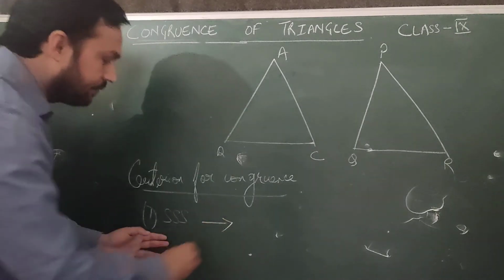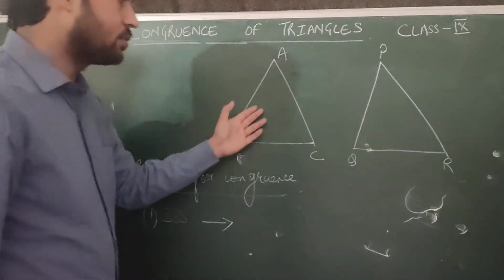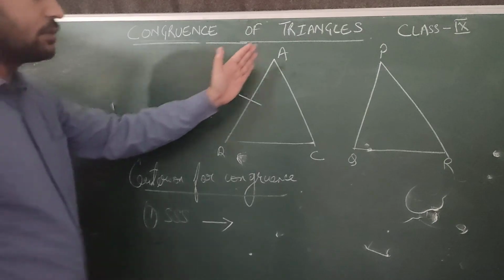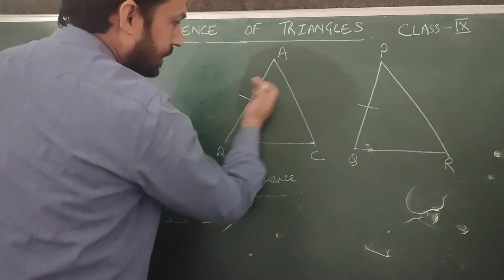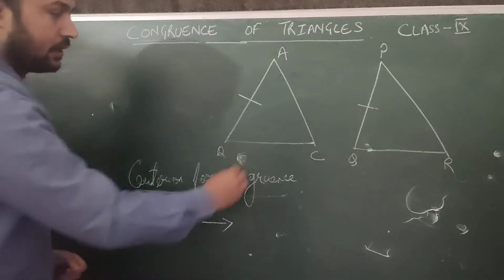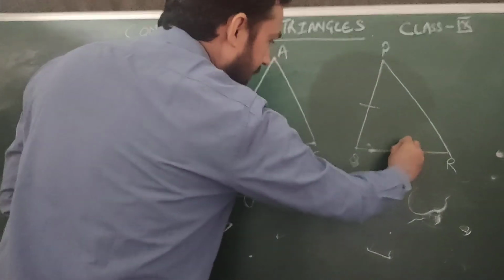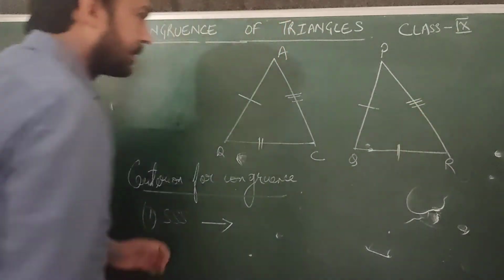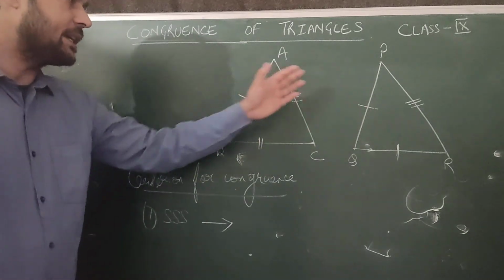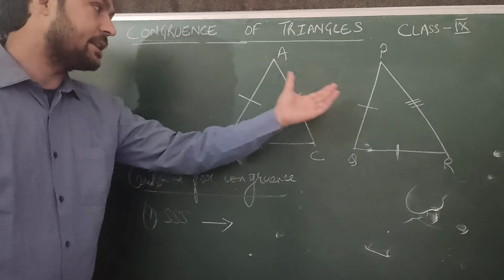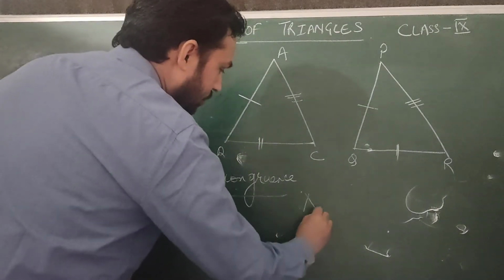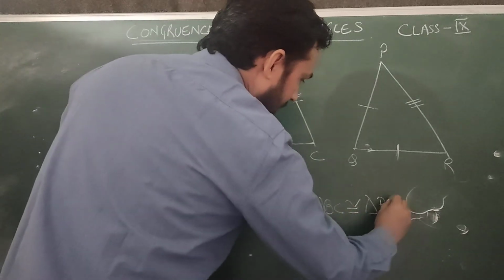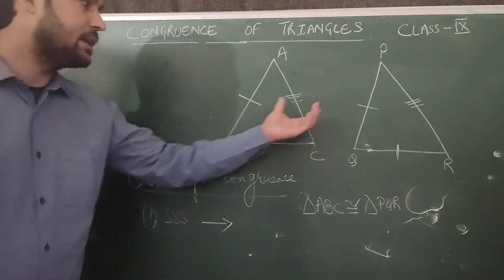SSS criteria means if in two different triangles, one side of one triangle is equal to the corresponding side, means same place, corresponding side of the other triangle, and if this side is equal to the corresponding side of this triangle, and if this side is equal to the corresponding side of this other triangle, that means in two triangles, if three corresponding sides are equal, then we can say that these two triangles are congruent, and there is a symbol to write congruent.